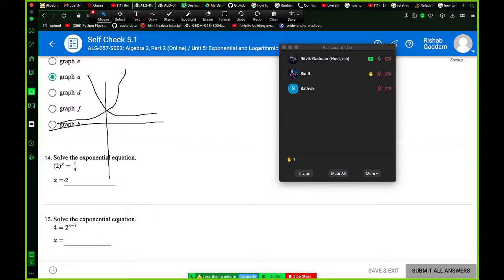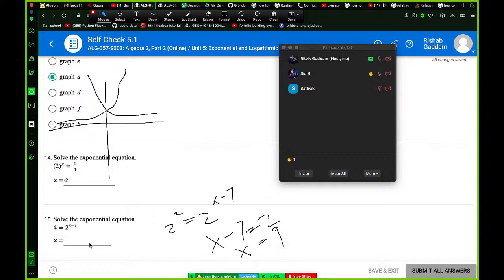And then solve this exponential equation. x minus 7 is equal to 2, so you bring this to the other side and x is equal to 9. The answer is 9 for number 15. Okay, good job.